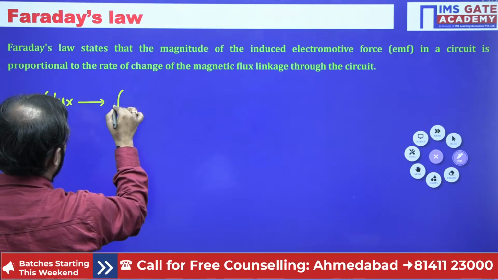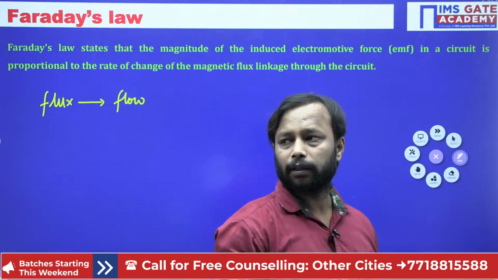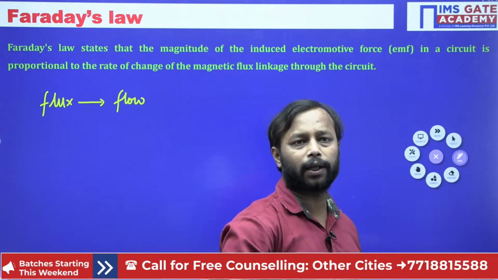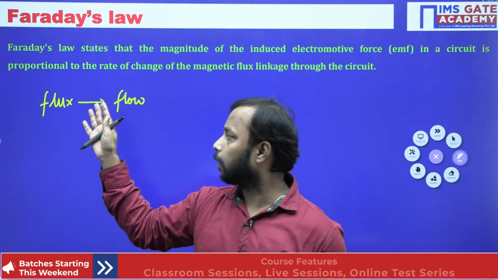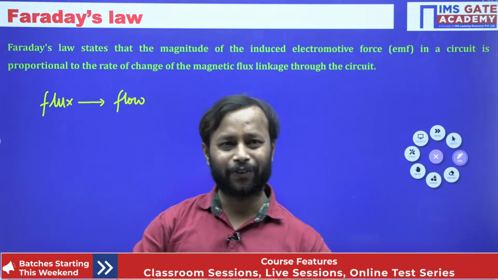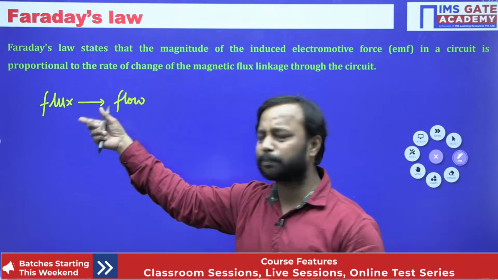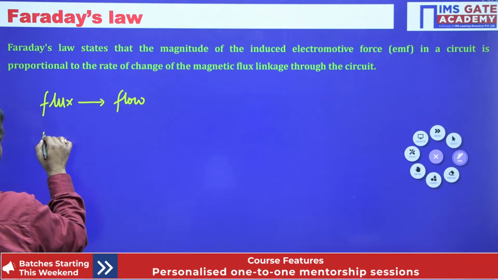Flux is basically a flow, like water flowing. In a simple manner I can represent flux with flow, but let us keep ourselves in the electrical machine. So flux is basically a flow.